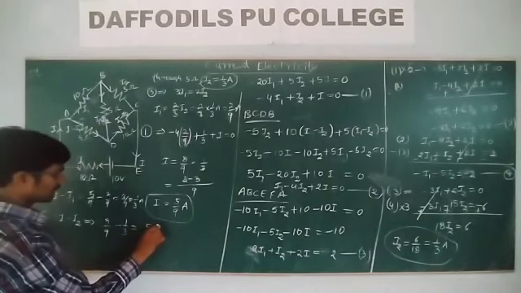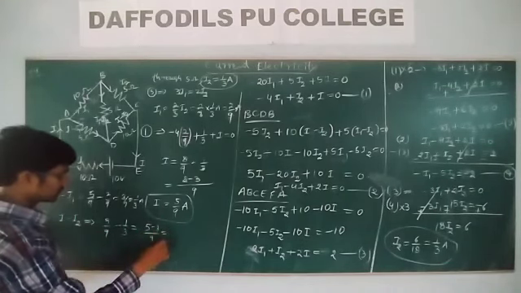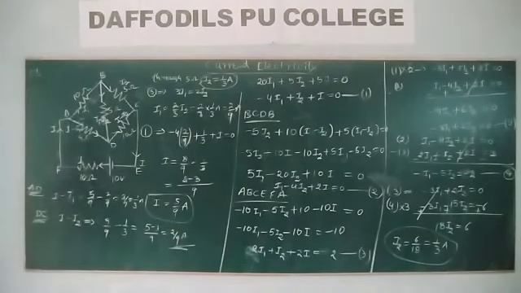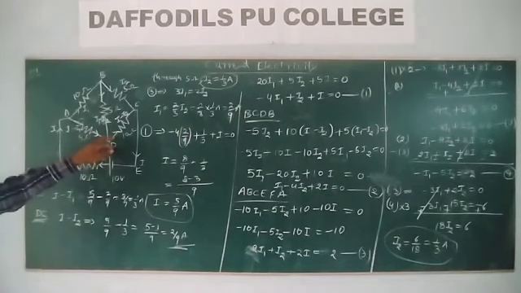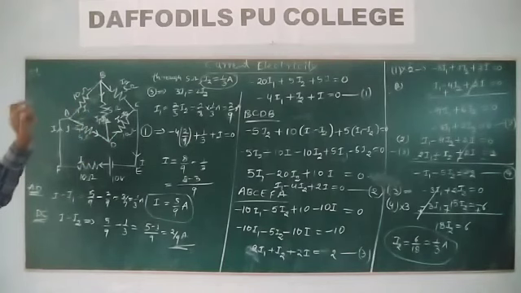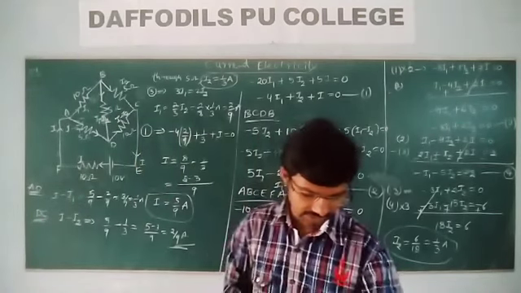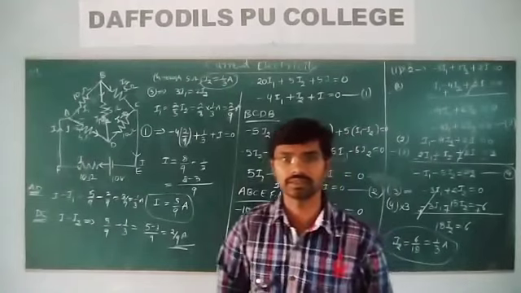Then 5 minus 3 by 9 is equal to 2 by 9 ampere. Now through this one, what is the current? 2 by 9 ampere, and here the current is the same. So this is how the resistance operations work. We just need to apply this to the resistance network and calculate.